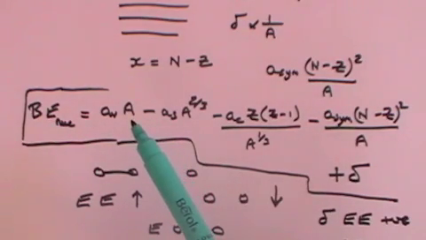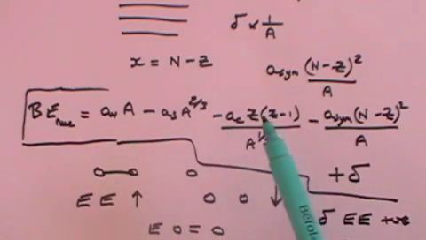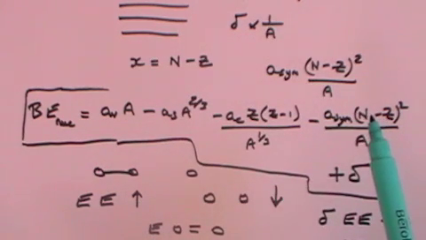You know for each of those atoms what the A number is, you know what the Z number is, you know what the N number is.